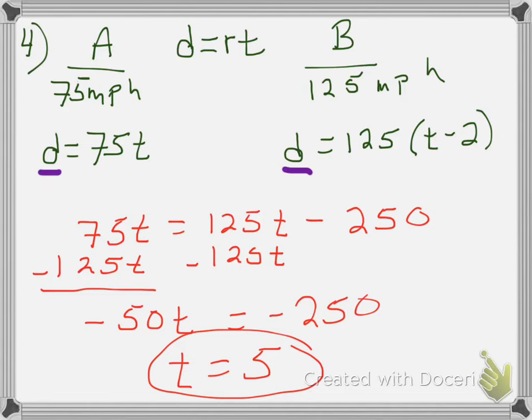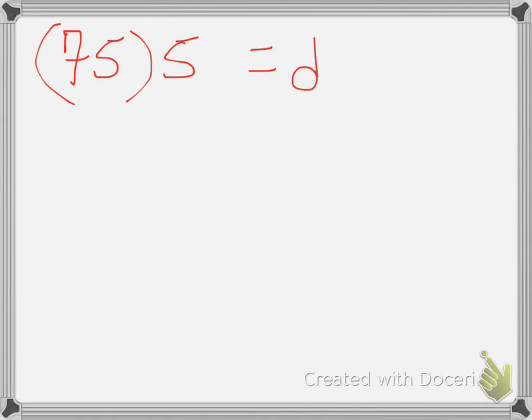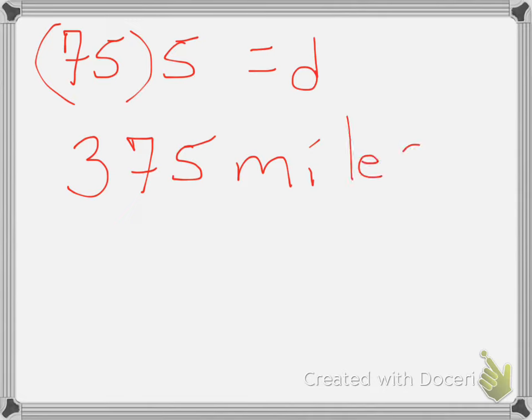So if I take my t and multiply it by 75, 75 times 5 would give me the distance, which is 375 miles. And hey, that is what I have on the website. Therefore, I was correct there. I just solved it in a different way.